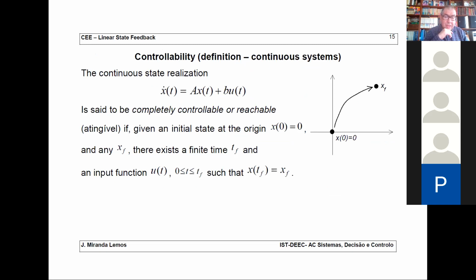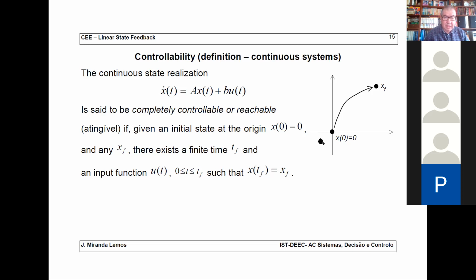Let's start with controllability, and you can have this definition in continuous time and in discrete time. What is the definition for continuous systems? Suppose that you have a linear state realization, x dot equal to Ax plus Bu. Okay, so this is completely controllable or reachable. Sometimes we just say controllable. Reachable in Portuguese means atingível.